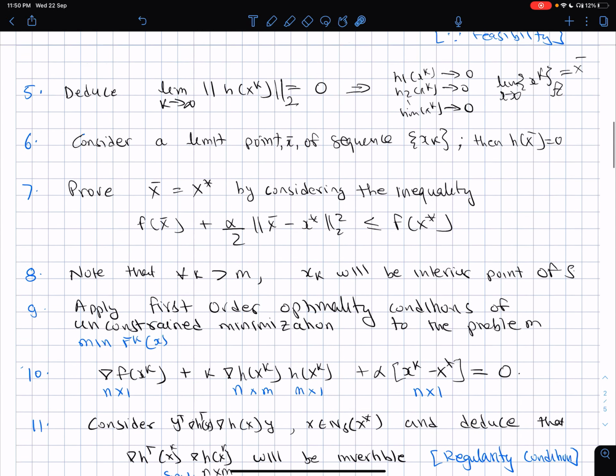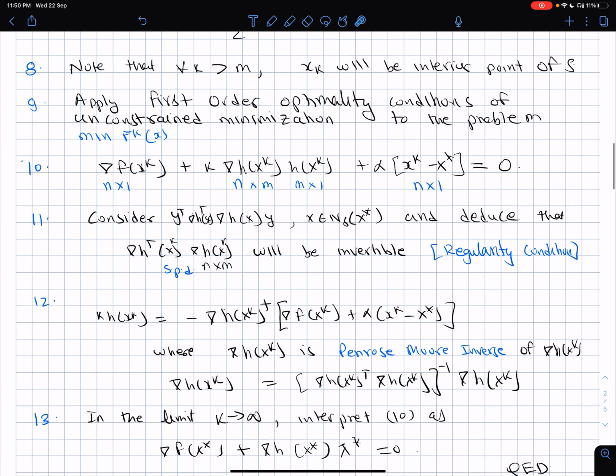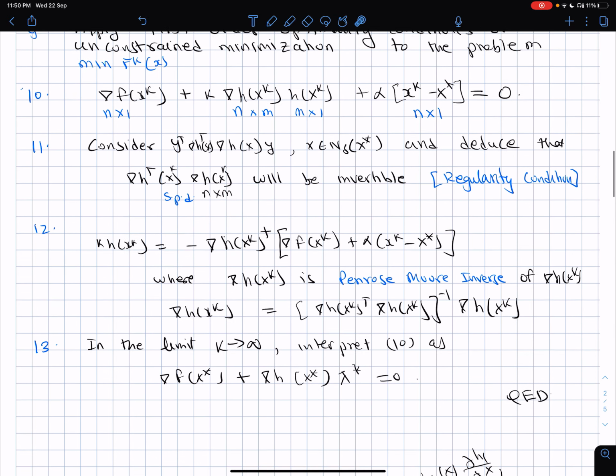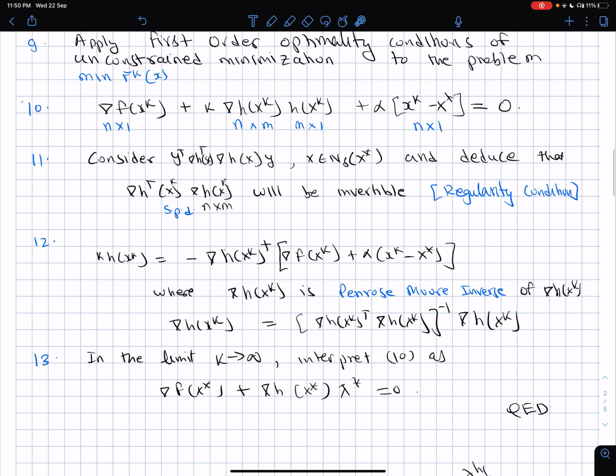Now let's get back to my itemized thing here. So incidentally, this matrix is called a Moore-Penrose inverse of the gradient matrix. Some other time I will speak more about it. But now you know that in the limit k tending to infinity, this thing goes to the vector lambda star.